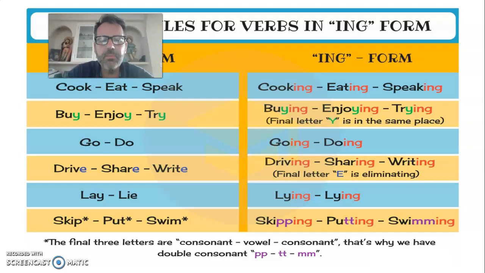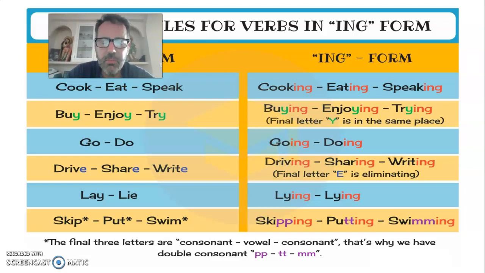Then I like this one here: skip, put, swim. We always said that when there's two consonants in a vowel, you have to repeat the last consonant. Put, for example, putting. But there's another thing. If you pronounce it, you have to write it down. For example, skipping.